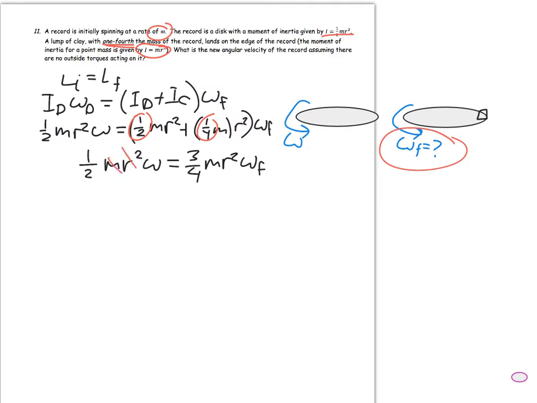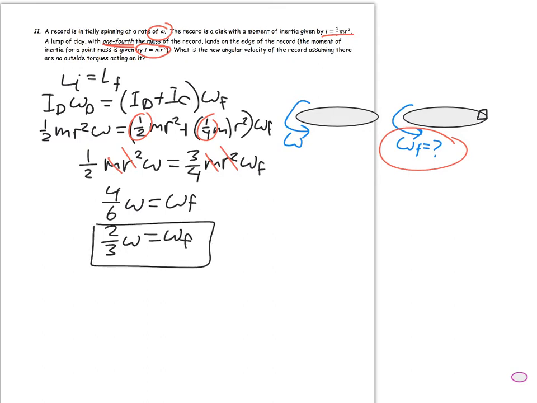We can see that the m's and the r squareds cancel out, and when we solve for that final angular speed, it ends up being 4/6 omega, which simplifies to 2/3 omega, so 2/3 of our initial angular speed.